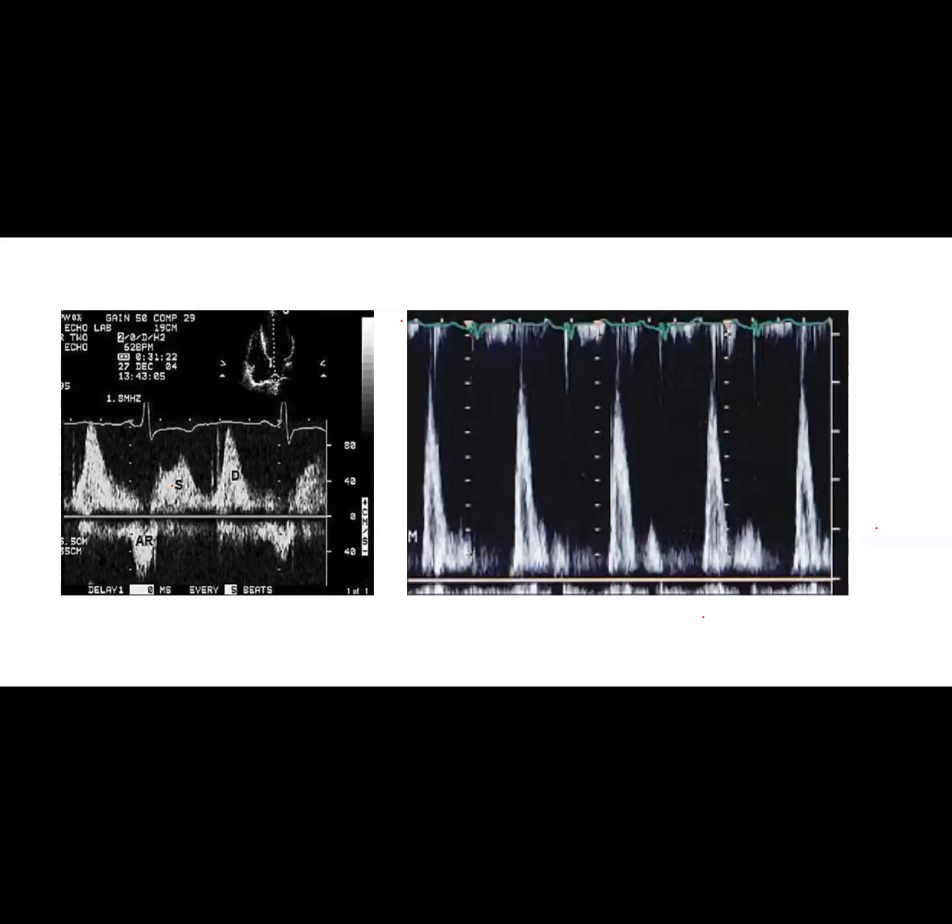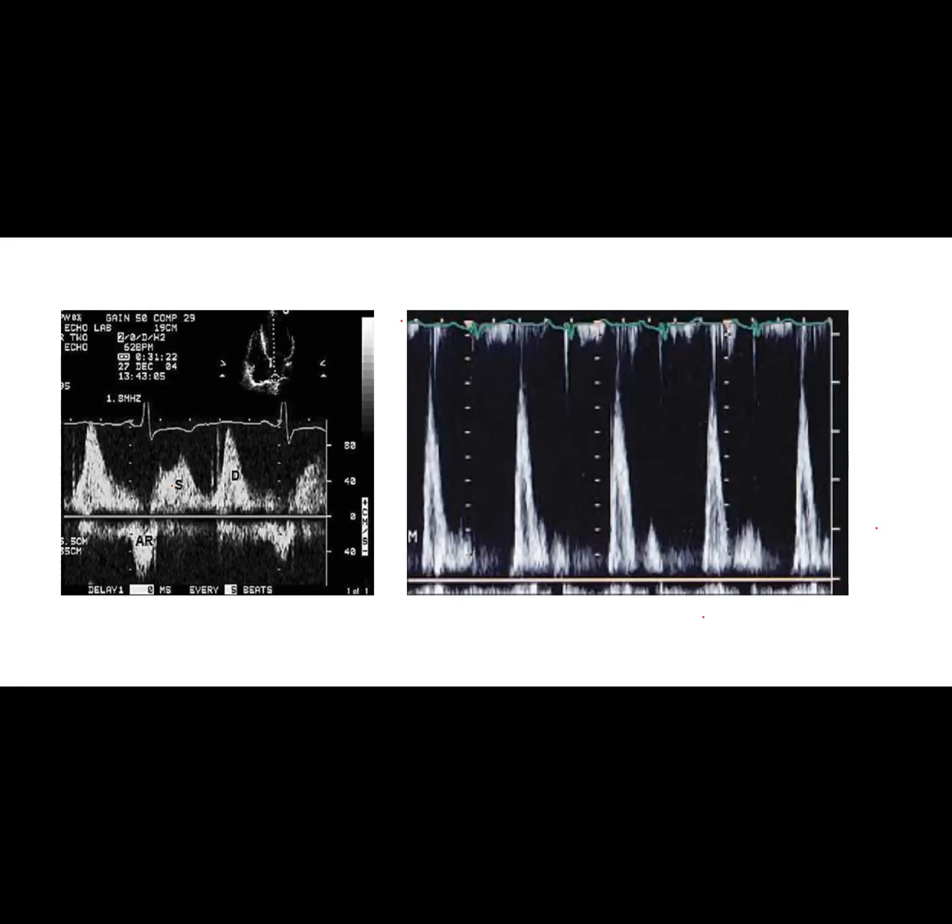Yes, because if you have diastolic dysfunction, the S will get blunted. Why blunted? Because the atrial relaxation will be impaired. Why do I have stout D? I have stout D because the pressure in the LA is so high. So immediately when the valve opens, a gush of flow goes down.